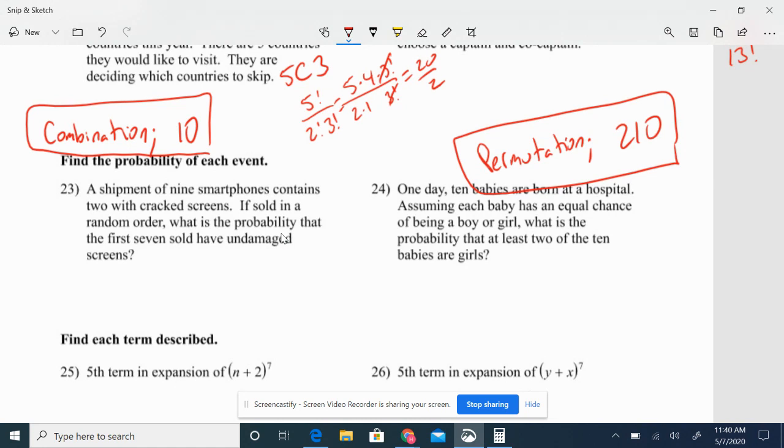So I'm just going to do this as 9 permutation 7. What's 9 permutation 7? 9 factorial over... not 9. Let me see this real quick.